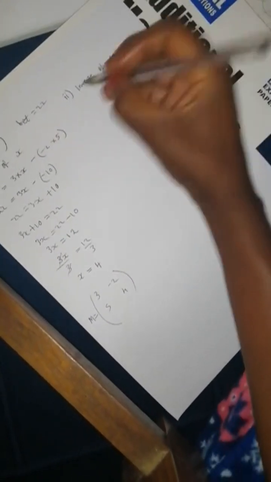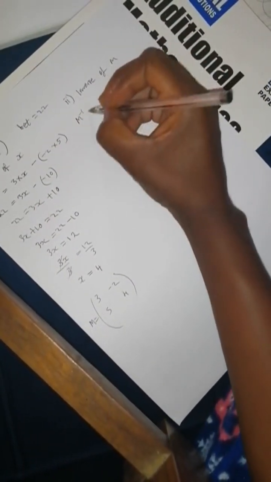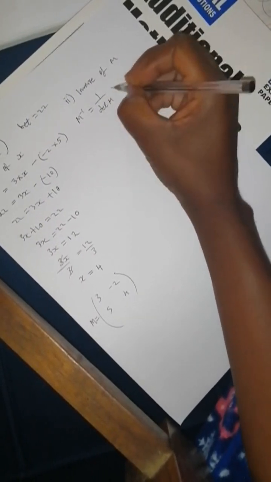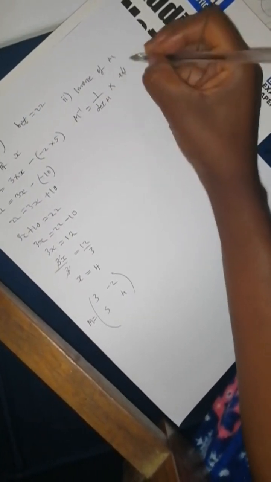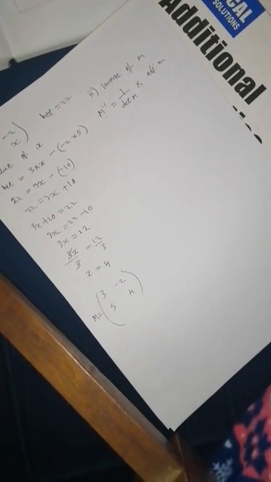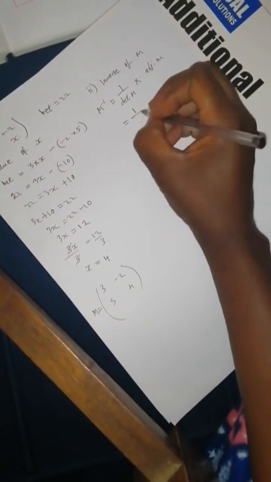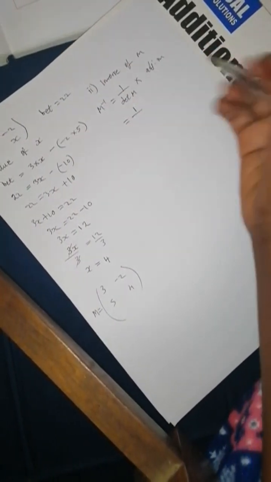Again, inverse of M is 1 over determinant of M times adjoint of M. Okay, so we are simply doing the same things that we were doing in the other question. So 1 over determinant of this matrix is 22.